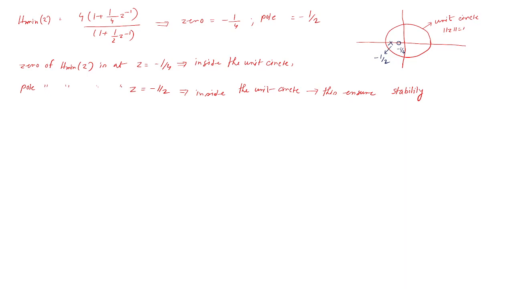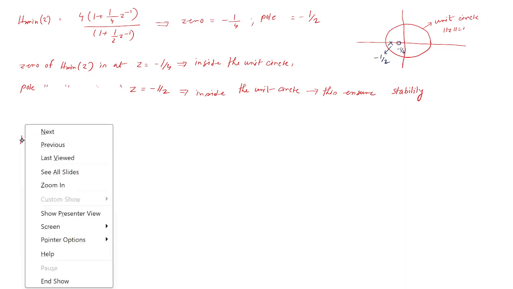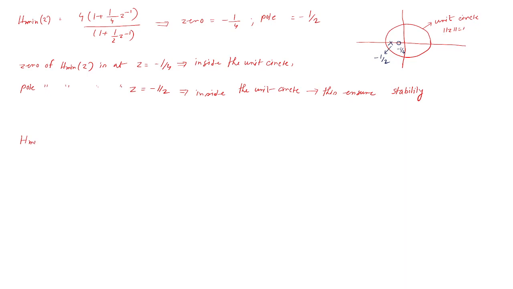So for causality, let me write down the expression of H min of z as follows. We already have this.